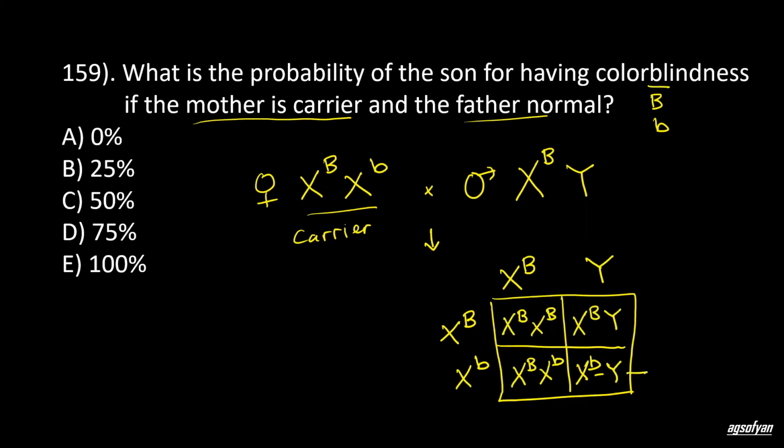So the sons are 50% color blindness and 50% normal. So the answer will be 50% of the sons.